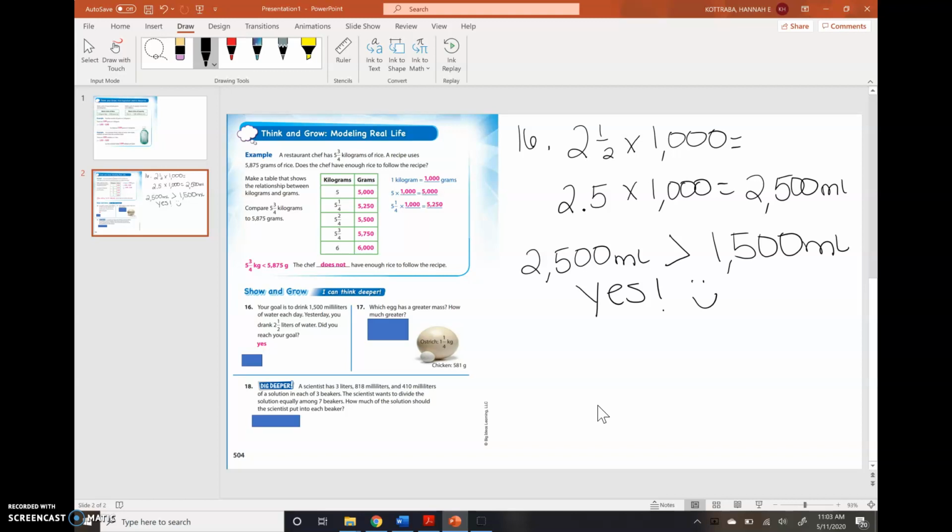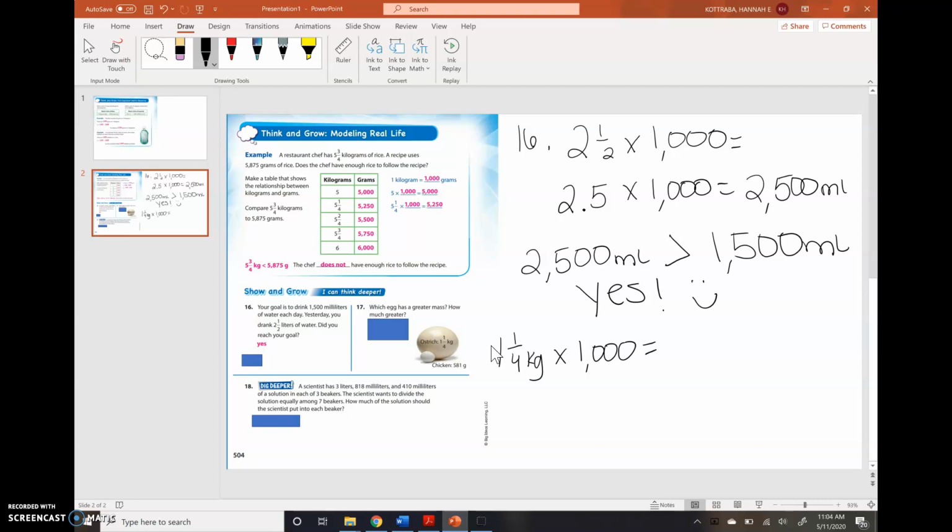How much greater? So you're going to want to take the mass of the ostrich egg and the mass of the chicken egg, and you probably want to get them in the same unit of measurement, right? So let's go ahead and take the 1 1/4 kilogram, and we're going to convert it into grams. So you do that by multiplying by 1,000.